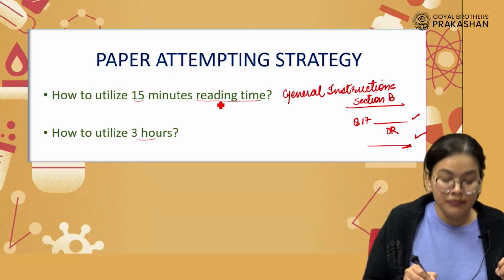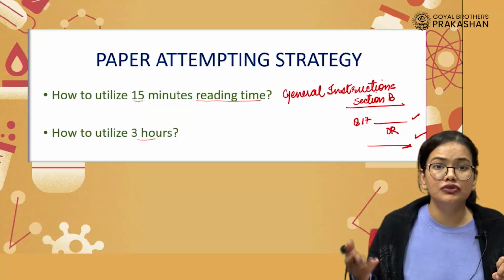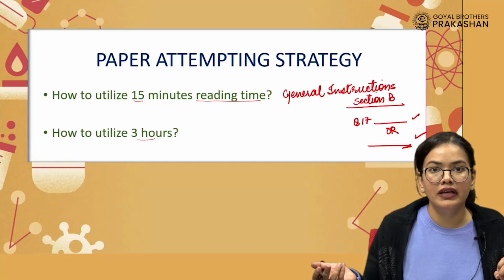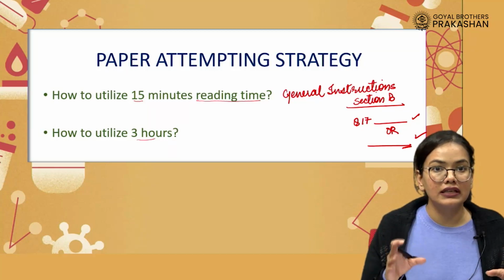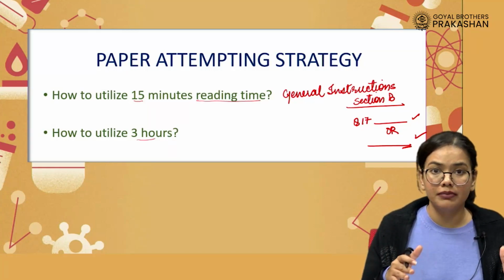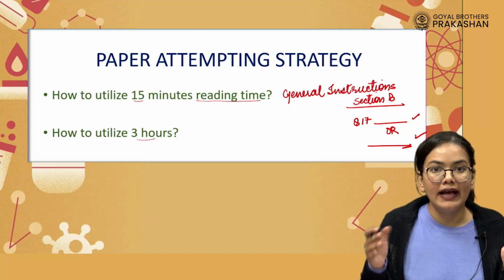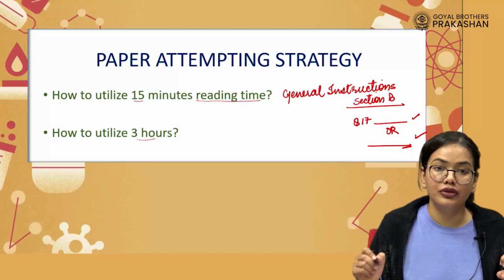So, in these 15 minutes, just glance through the paper and see the choice questions, so that in those 3 hours you are not spending time in choosing the question. Reading the entire paper in 15 minutes is a little difficult and won't serve any purpose. Just roughly see the paper and make a choice of the choice questions which you are going to do.